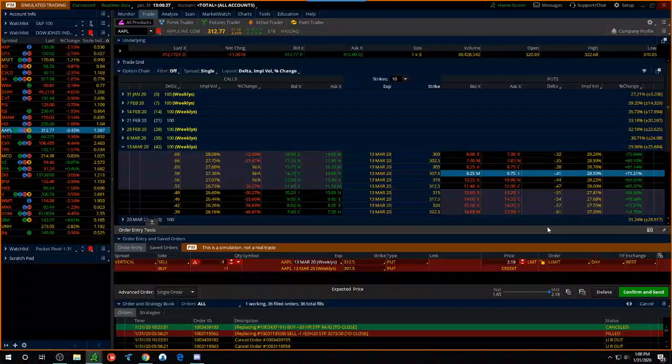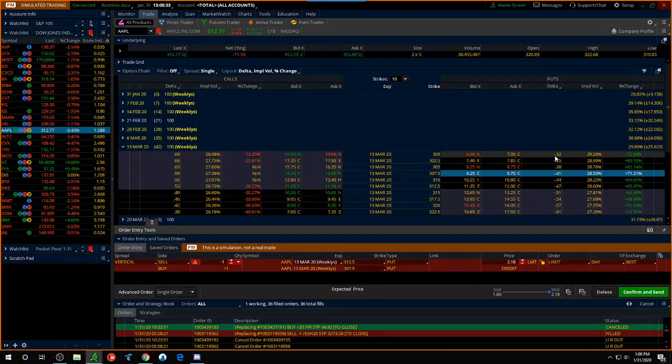So we could throw an order in, something like this, throw it in the market, and we're not asking for too much. It just needs to hold above 312.5. That's it. As it holds above 312.5, the premium decay is going to take the value out of this trade. We're the seller, so we have to buy it back to close, which means the cheaper we buy it back, the better.